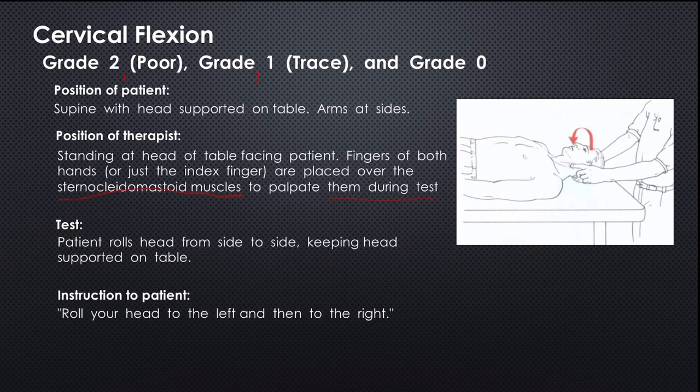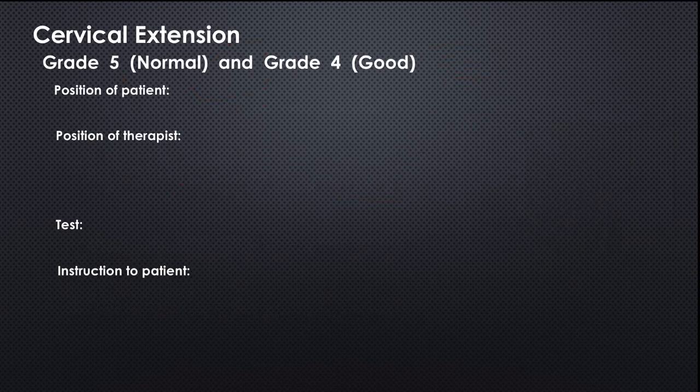If only a palpable contraction is occurring, then that's grade 1. If the patient cannot even perform the rotation of the head, then that's grade 0. There's no contraction of the muscle, not even a palpable contraction. So that's grade 0, 0/5.